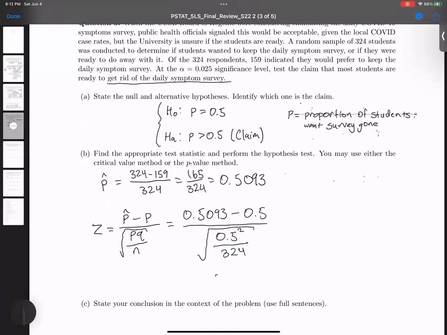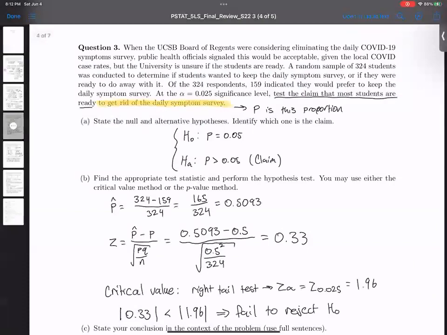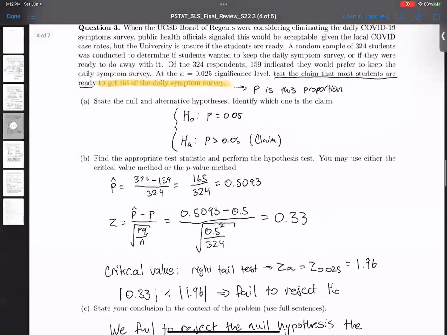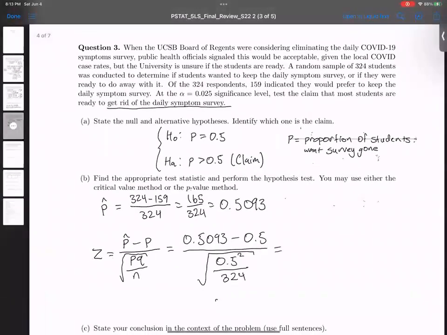The 0.5 squared comes from the fact that Q is equal to 1 minus P, and so if P is 0.5, then Q is also 0.5. And if we compute this value, I don't remember, so let's take a look. It's 0.33.